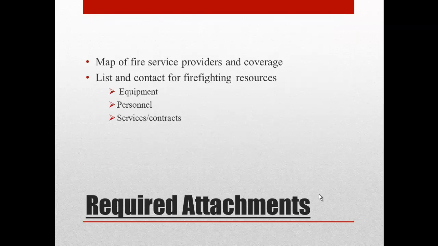The required attachments for this plan that you'll have to upload is the map of the fire service provider and coverage area of your county, list and contact information for firefighting resources. If you use the CRCMS system, I will check it for your personnel entries as well as your equipment.